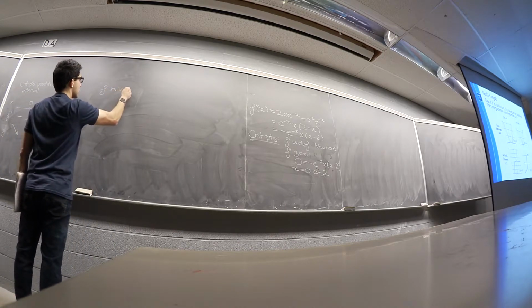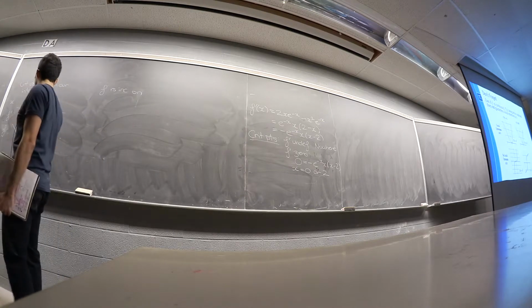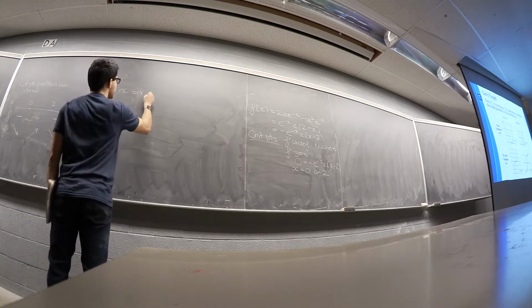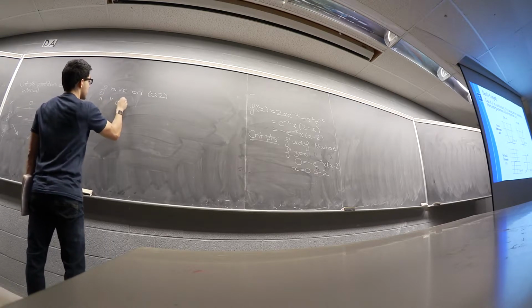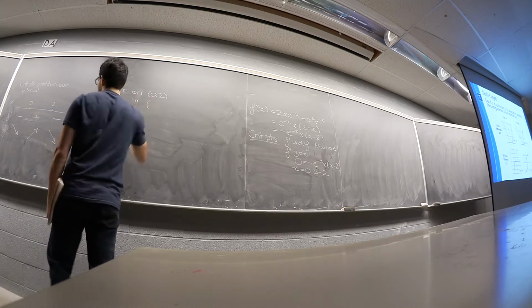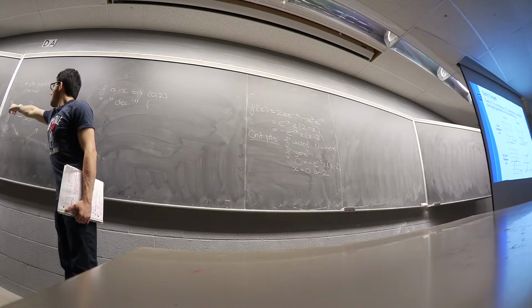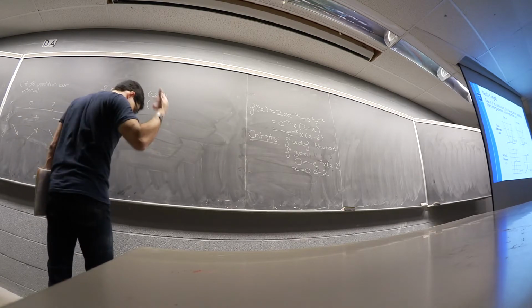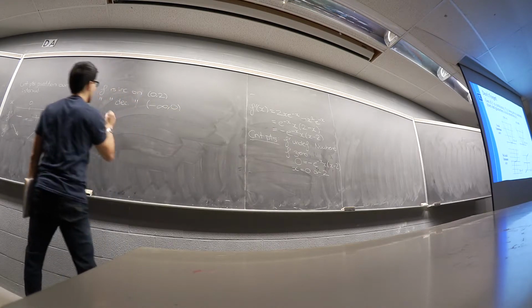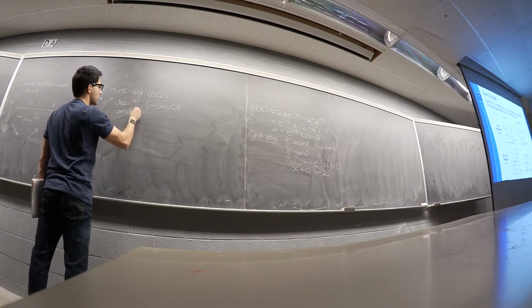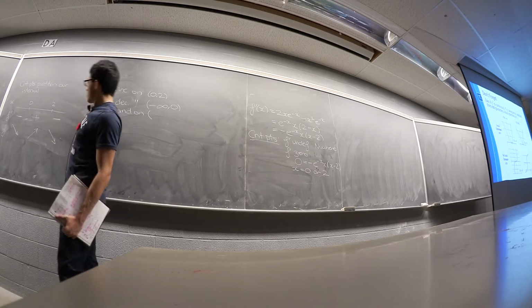F is increasing on 0 to 2. F is decreasing on -infinity to 0, and on 2 to infinity.